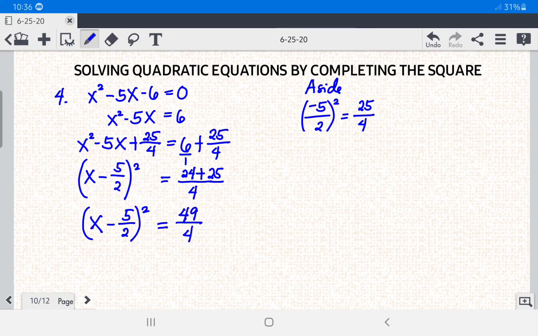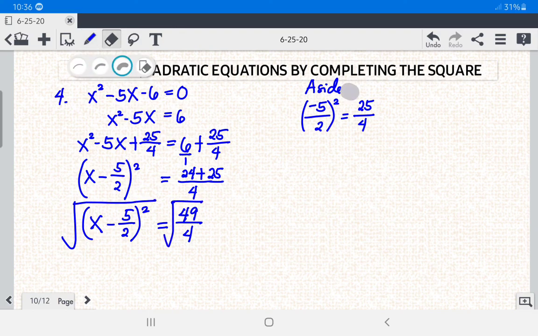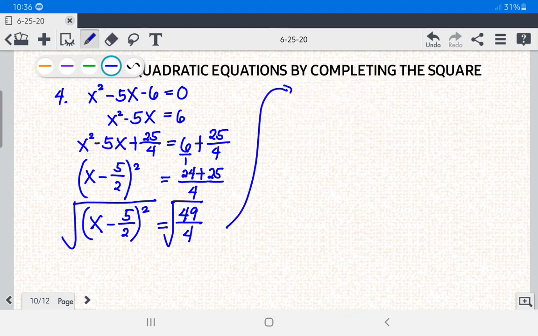The next step is applying the square root property. The square root of x minus 5 over 2 squared is x minus 5 over 2, equals the square root of 49 over 4.